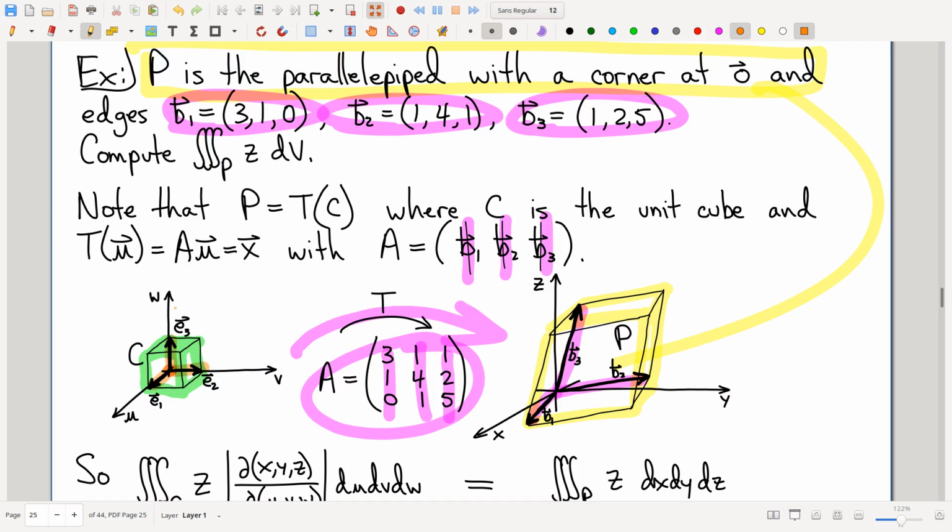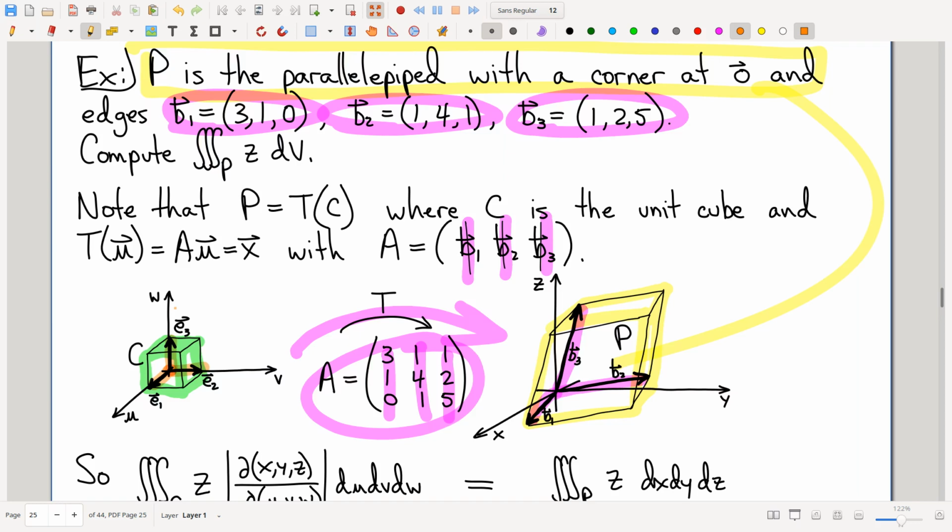Likewise, E2 gives me the second column, the second edge of the parallelepiped. This construction, where I've chosen to make these edges my columns, is crafted just so to make the unit cube go in and come out to produce exactly this terrible domain, this parallelepiped over here.